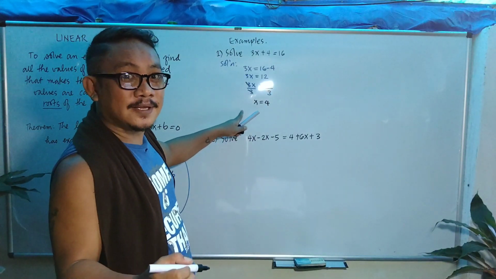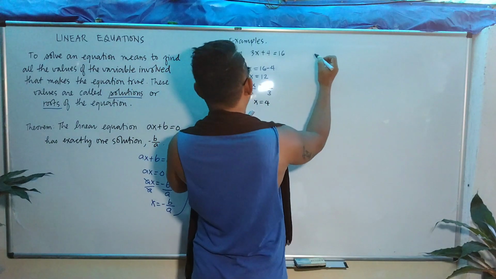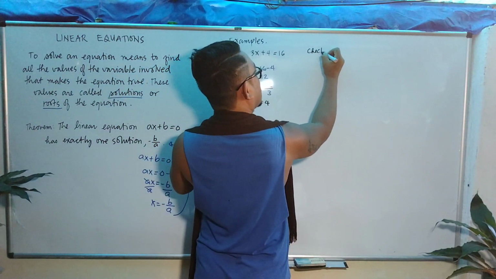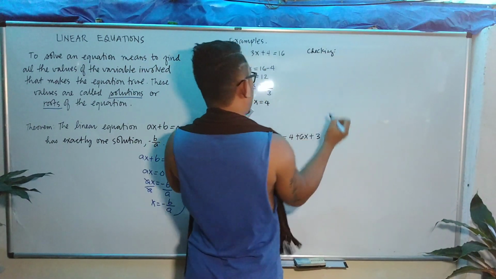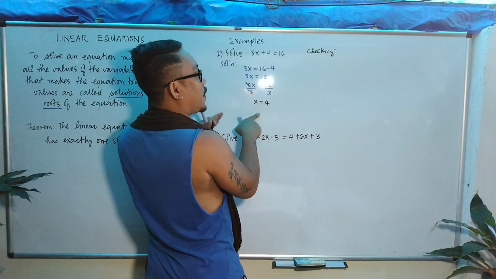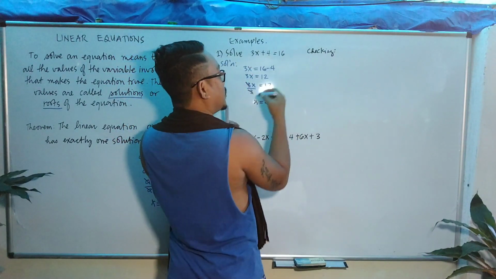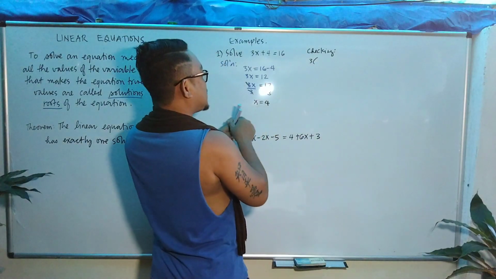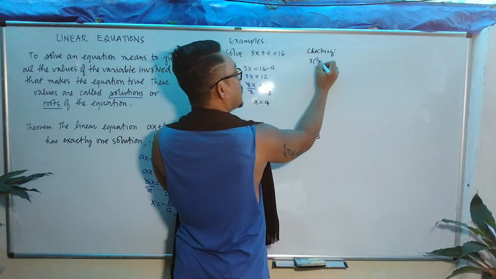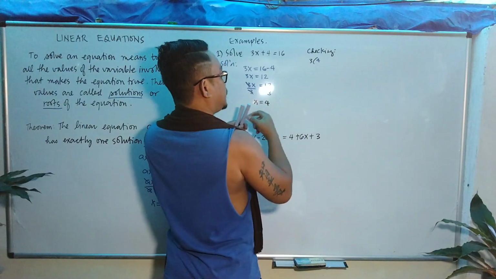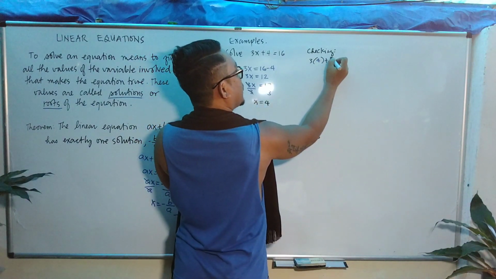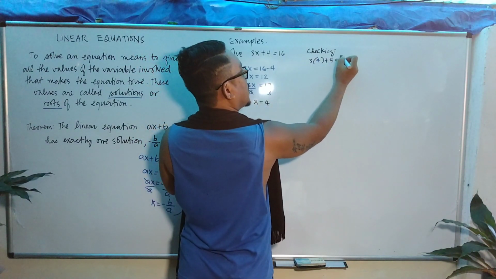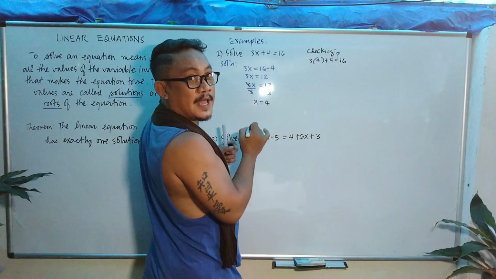So we need to check. By checking, where x is equal to 4, let's go back to the original equation. So you have 3, substitute the value of x here, which is 4, plus 4 is equal to 16. Are they equal?